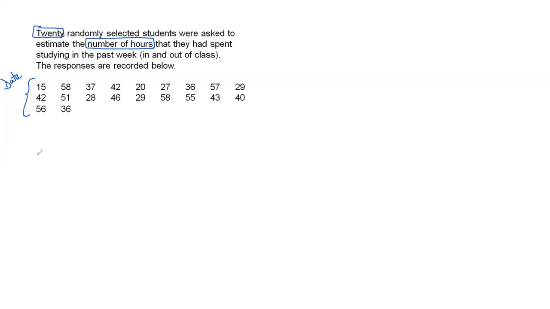So the first thing you need to know when it comes to creating distributions is that there are some guidelines and a step-by-step process that we need to follow. So I'll write down the guidelines for choosing the number of classes. When you are asked to create a frequency distribution, usually you are given a number of classes.